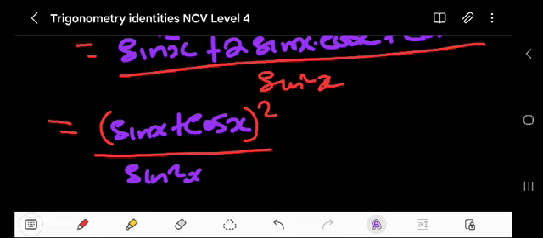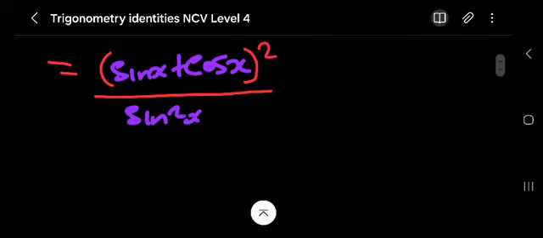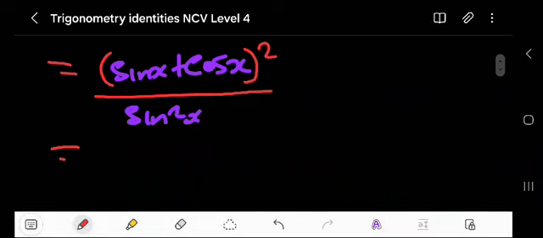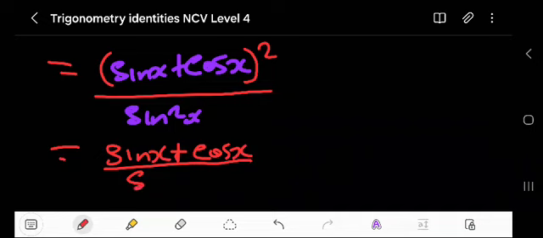What can we do? Since we have squared also here, I can rewrite this as sine x plus cos x, then over sine x. Because we have this already squared, also this.